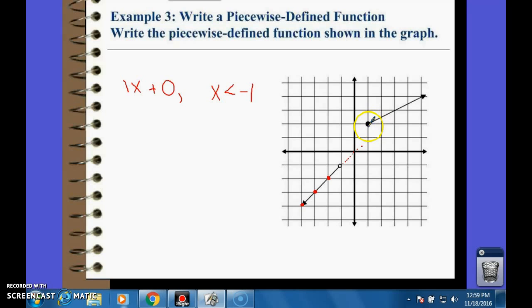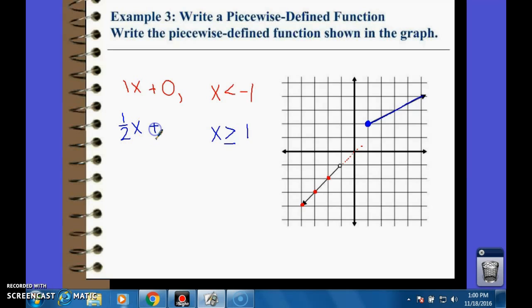What about this line? Where does this graph pick up? What x value is this? So now, does it ever equal 1? Yeah, it does, right? Because it's closed. What's my slope here? I go up 1, and so what's that make my slope?